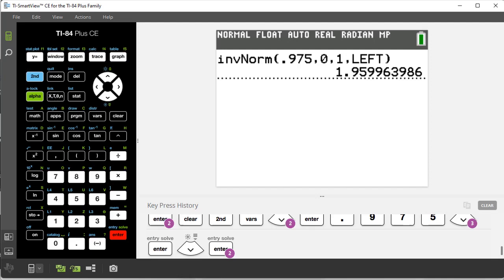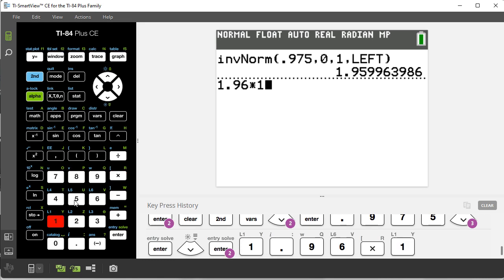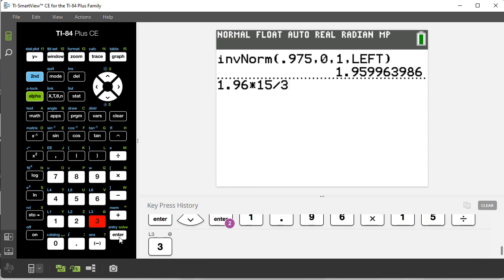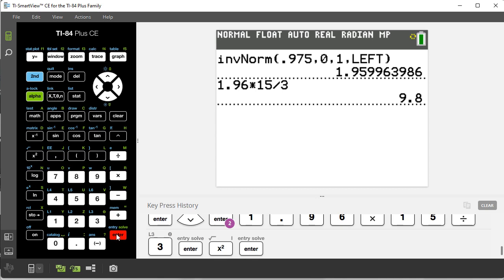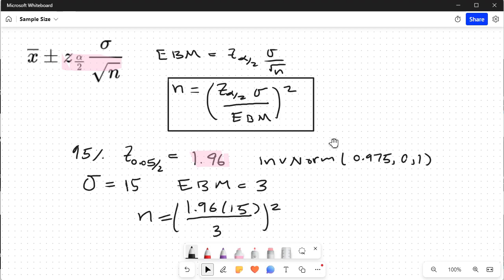So we take 1.96, multiply that by 15, and then divide this by the margin of error. Here, we square that number to be 96.04.